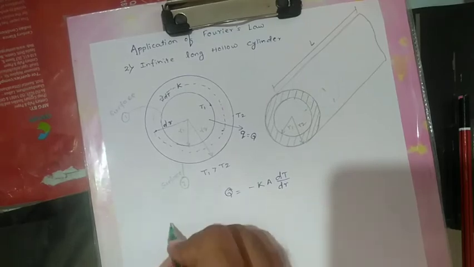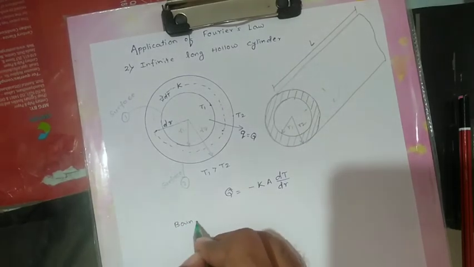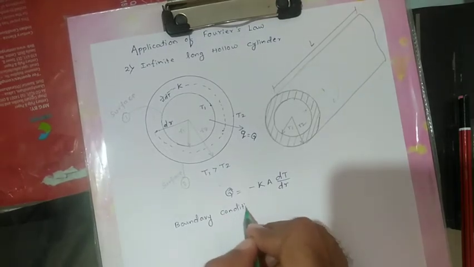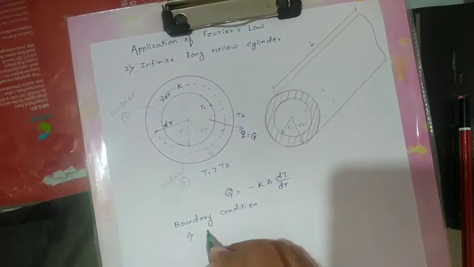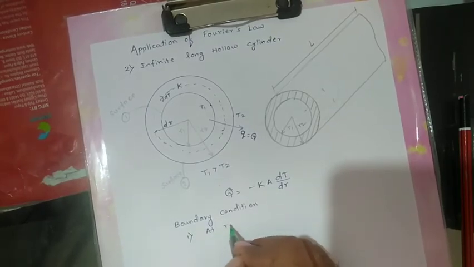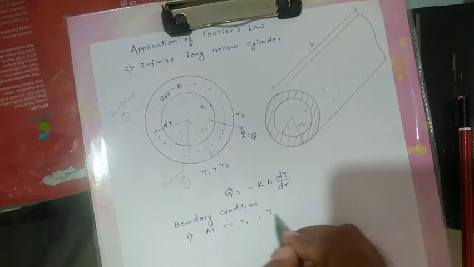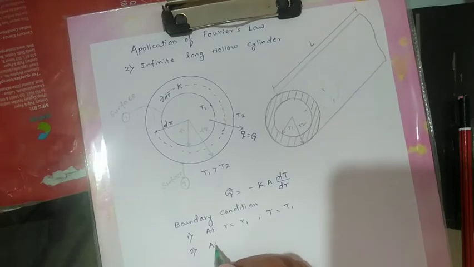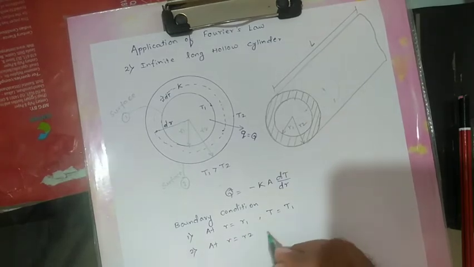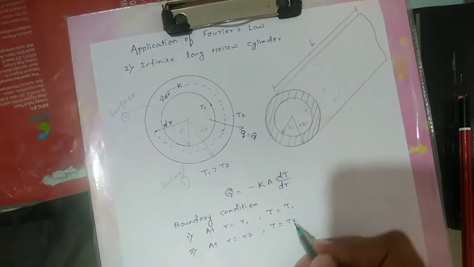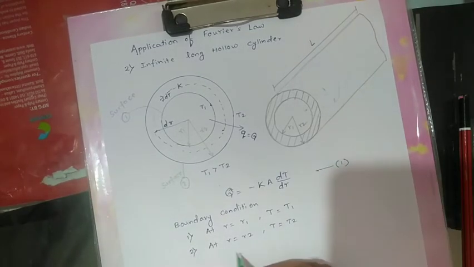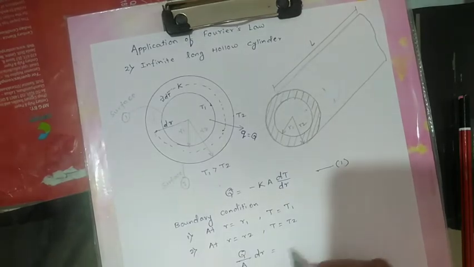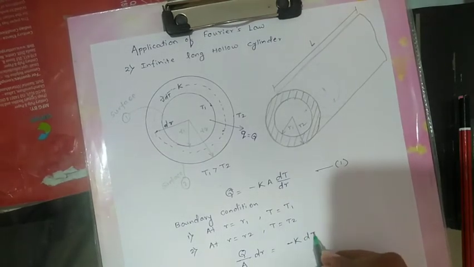Let us check what the boundary conditions will be. First boundary condition, at r equal to R1, what is the temperature? T equal to T1. Second boundary condition, at r equal to R2, T equal to T2. Rewriting the first equation, you have Q upon A dr equal to minus K dT.